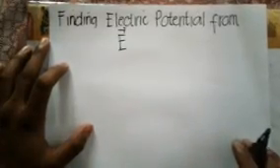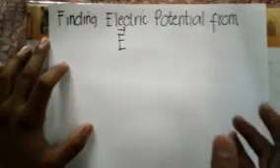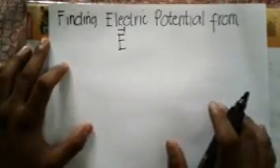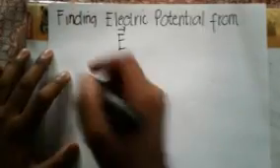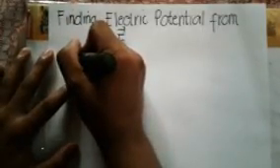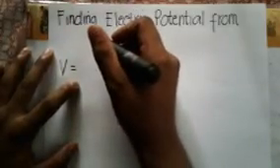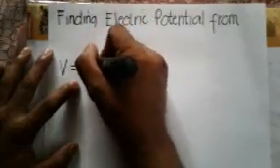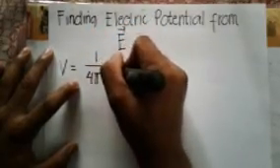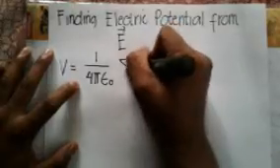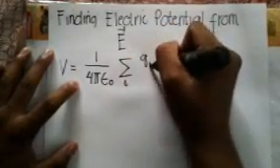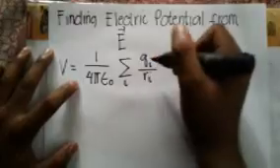So when we are given a collection of point charges, the equation for potential due to a collection of point charges is the easiest way to calculate the potential V. So again, our equation for potential due to a collection of point charges is 1 over 4 pi epsilon naught, summation of q sub i over r sub i.